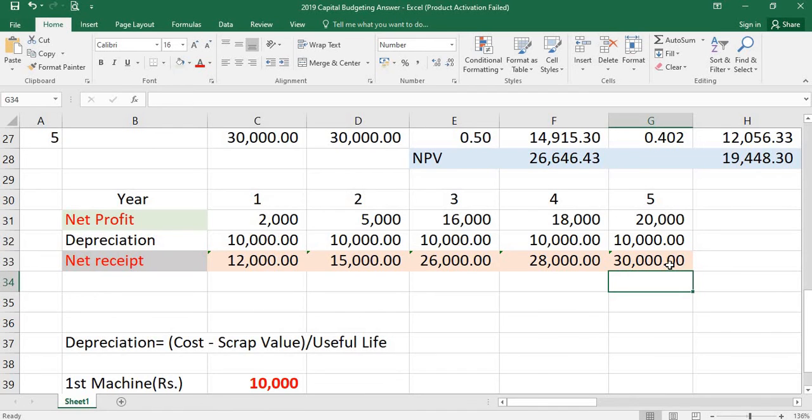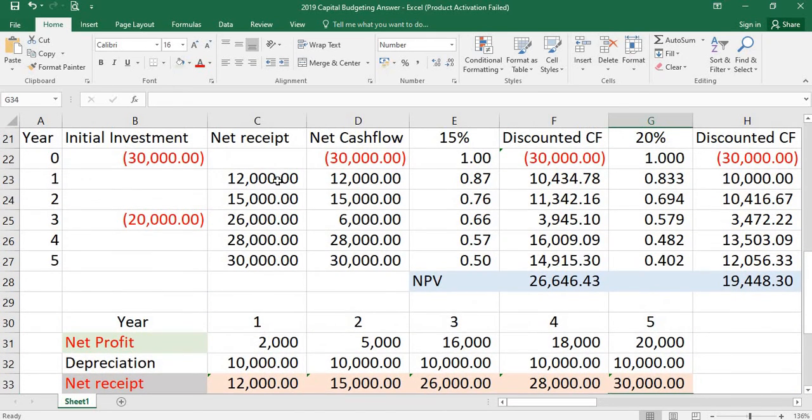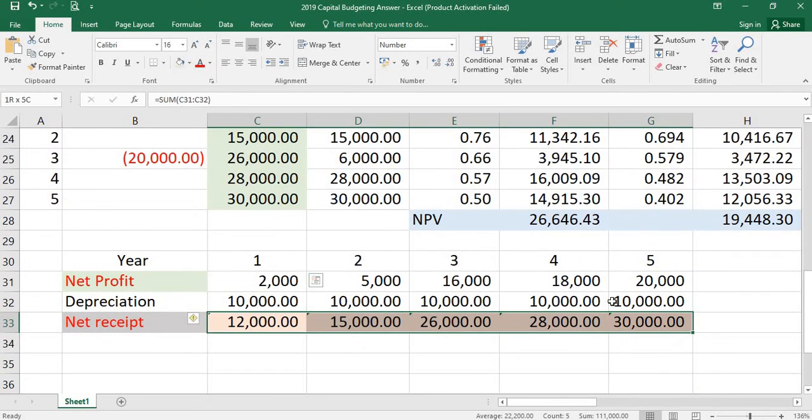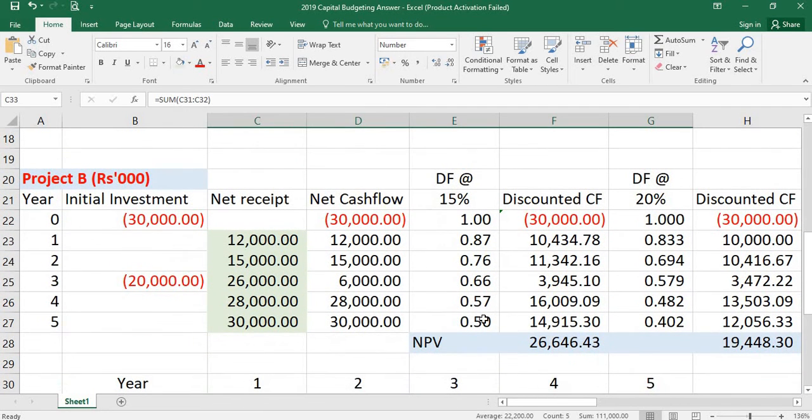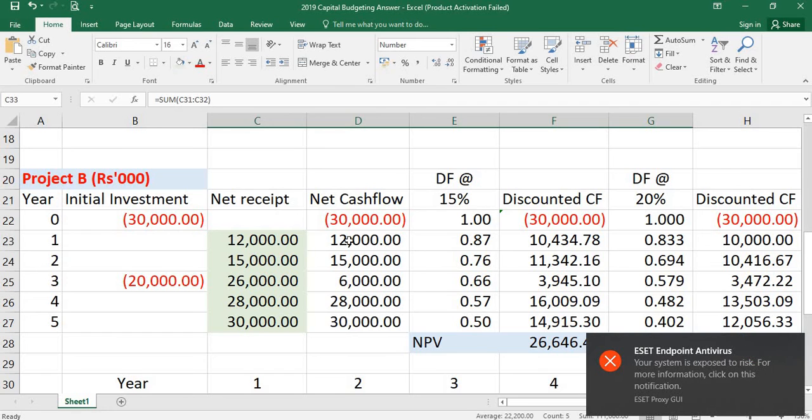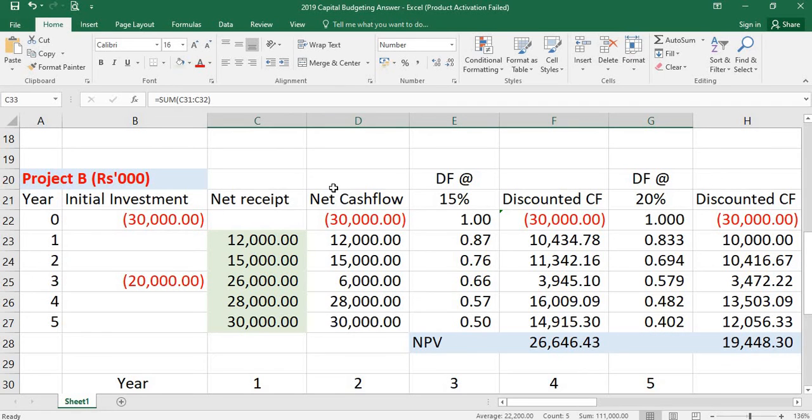So the net receipt value of project B is 12,000, 15,000, 26,000, 28,000, and at the end of the year 30,000. Now we have to identify the net cash flow.